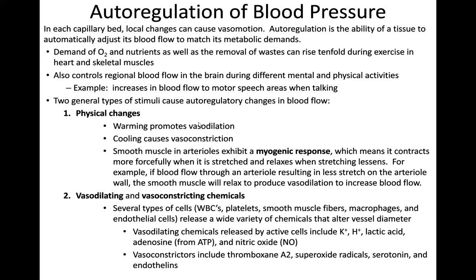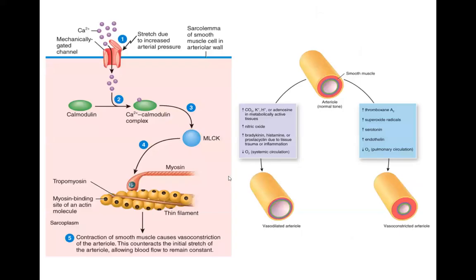That's fantastic. The last physical change involves what we call a myogenic response, which means the vessel contracts more forcefully when it's stretched and relaxes when stretching lessens. Looking at the next page, we show what takes place here.